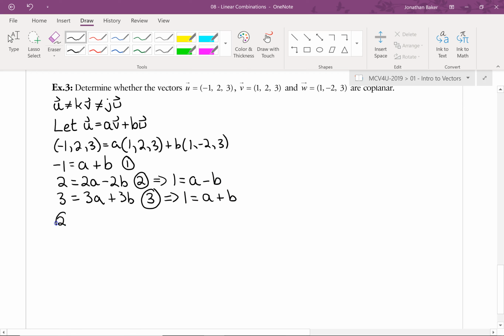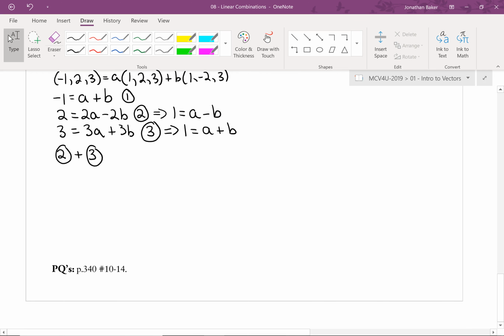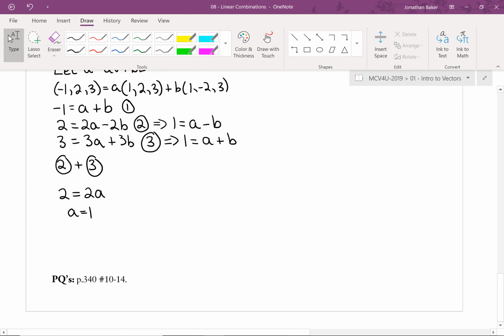So we'll add 2 plus 3, and we would get 2 on the left side, and then we would get 2A, and then our B's would cancel, and so we would get A equals 1. We could then substitute that into either of the two to find B. So let's sub that into equation 1.